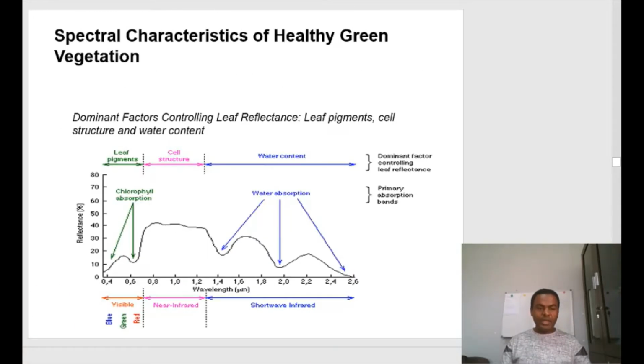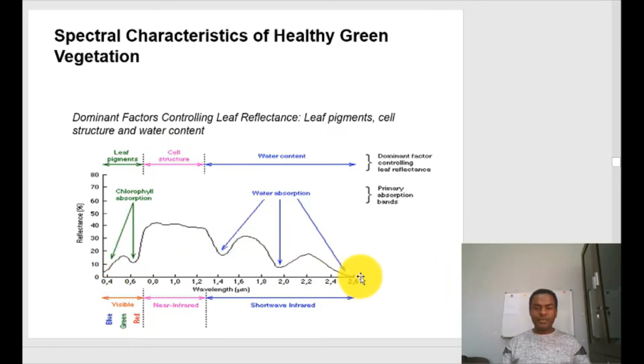Okay, and in remote sensing of vegetation, the basic idea is to know the spectral characteristics of healthy vegetation. Okay, this is the prominent figure that you can find everywhere in remote sensing textbooks. Now have a look at this spectral characteristics or spectral reflectance of vegetation.